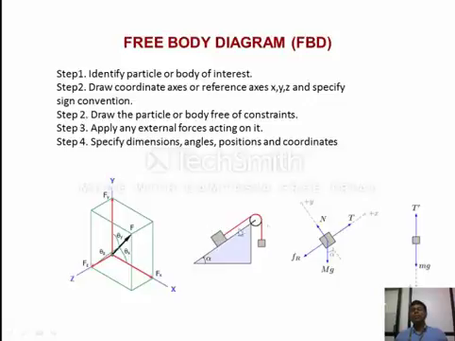Here a block is sliding, and it is counterbalanced by another block through a pulley, a frictionless pulley. So let us assume that when you start, you take the XY direction. Then specify the force acting this way, which is due to the weight of that.